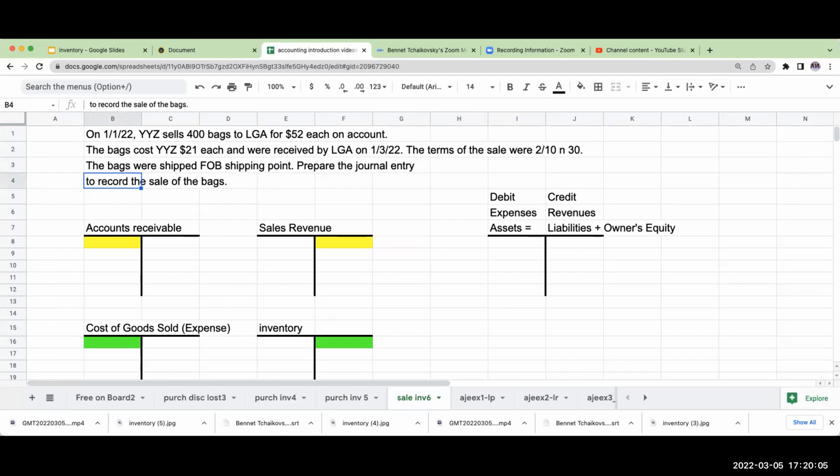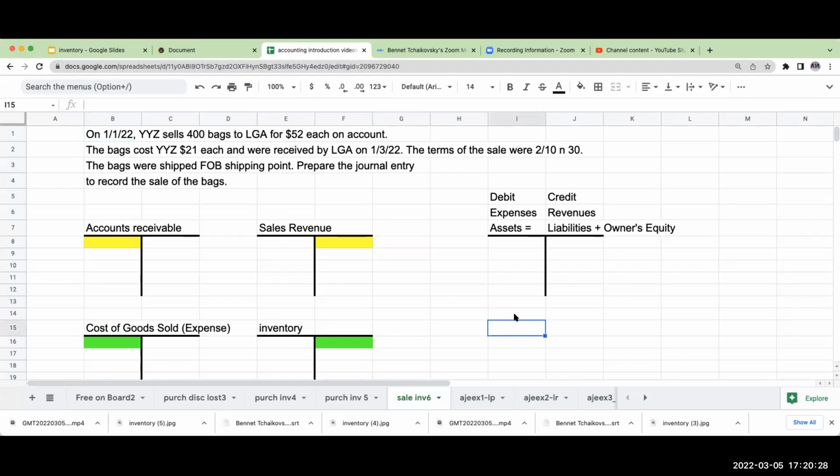Prepare the journal entry to record the sale of the bags. I've done a lot of FOB destination, so let's do FOB shipping point. What day do I record the sale? I'm going to record the sale on January 1st, because if I ship them, that's when I record the sale. So assuming that these were shipped on 1/1/22, that's when I'm going to record the sale.